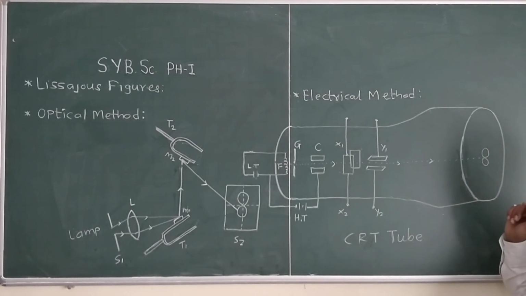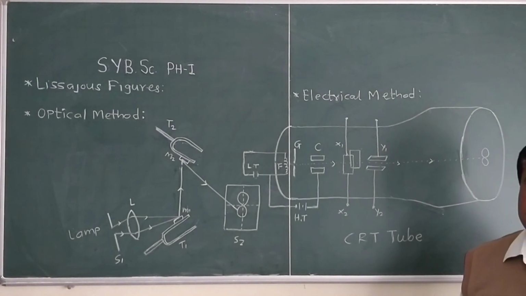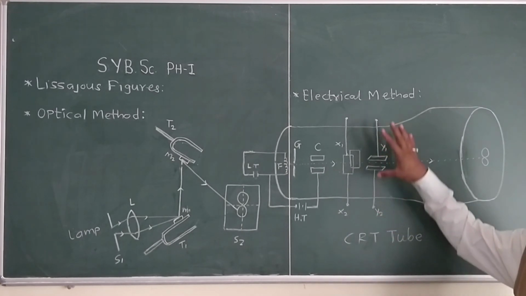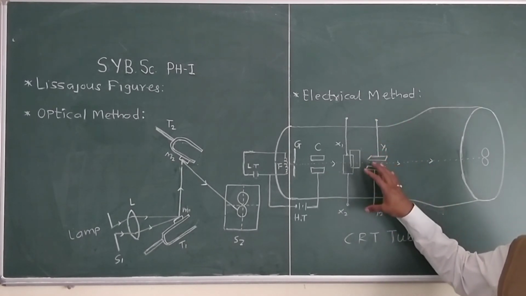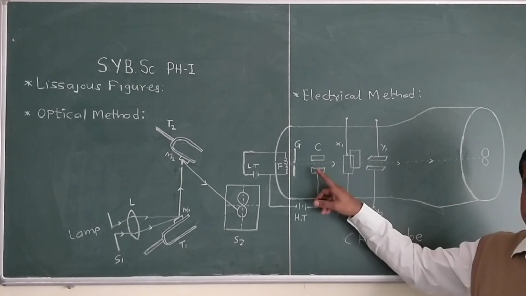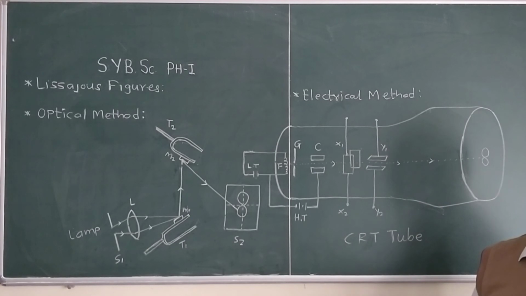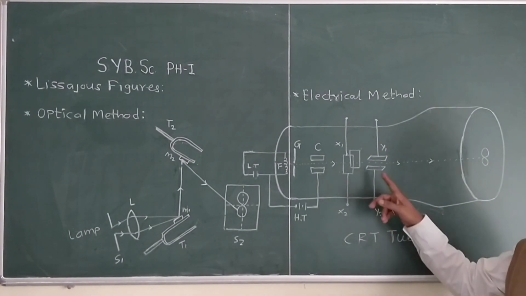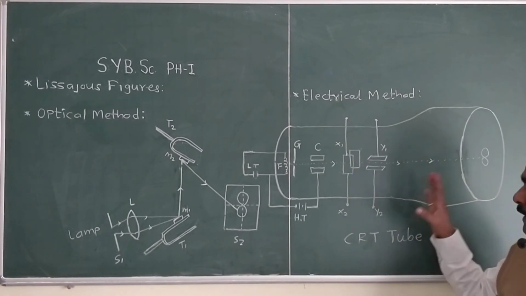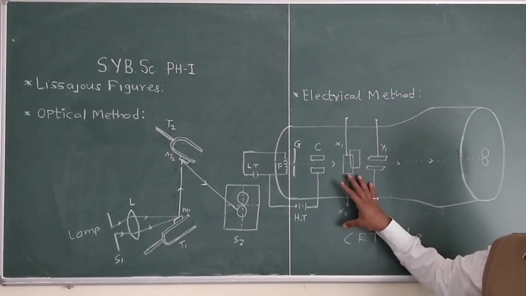So this is the electrical method in which we subject the beam of electrons to two AC signals.